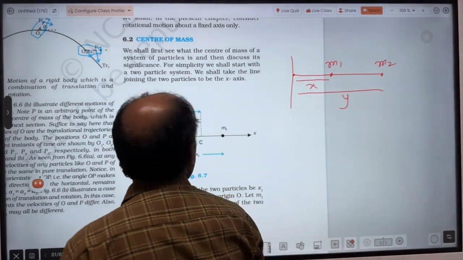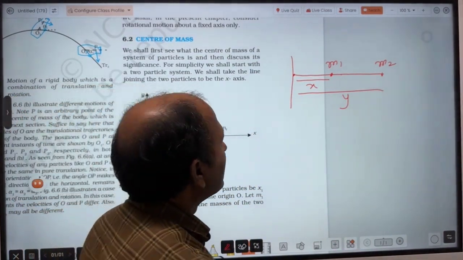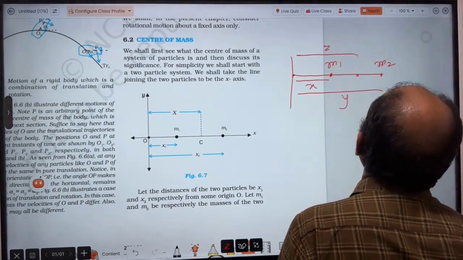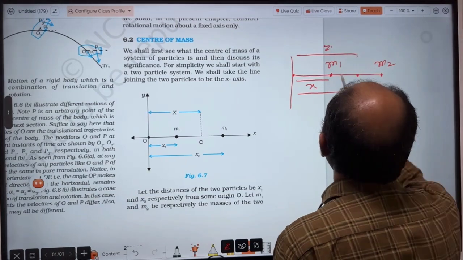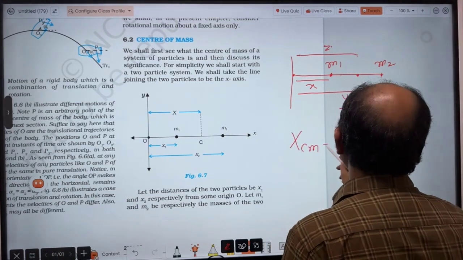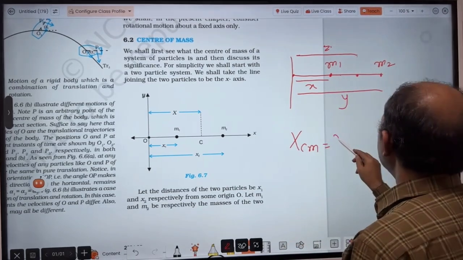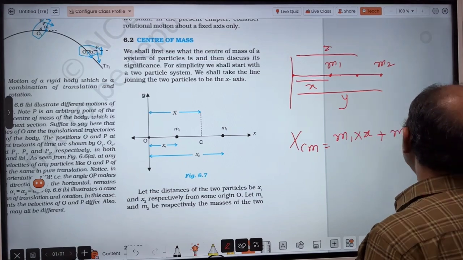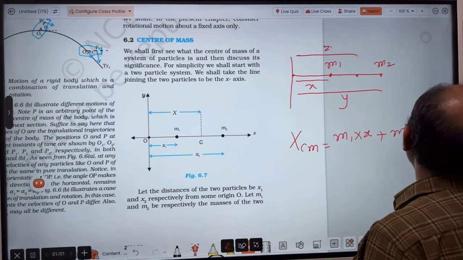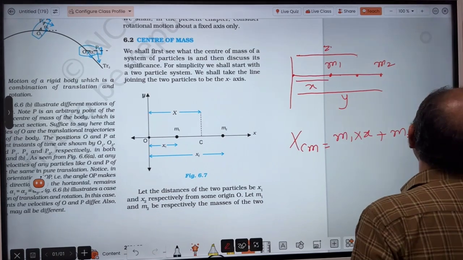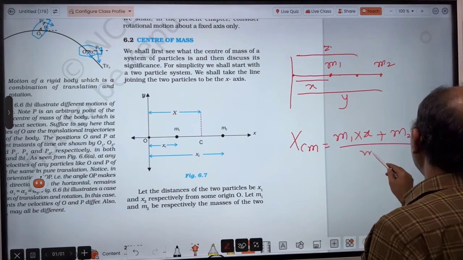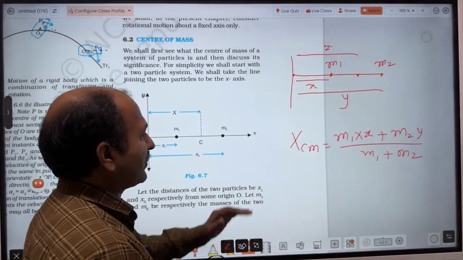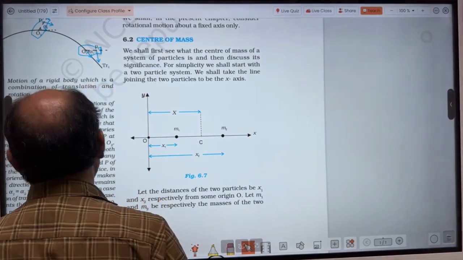Suppose we have to find the position of center of mass. Say the center of mass lies here at distance z, or we can write x_cm. What do we do in that case? We write first mass times its distance, then second mass times its distance, y, divided by m1 plus m2. So we are going to write a more generalized form of center of mass.